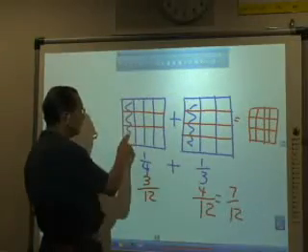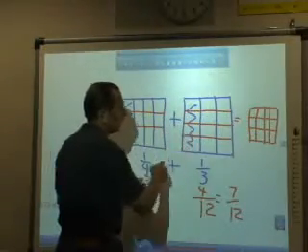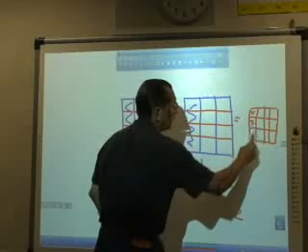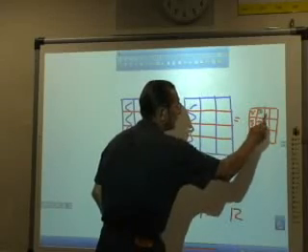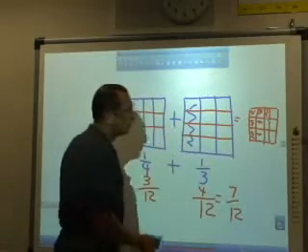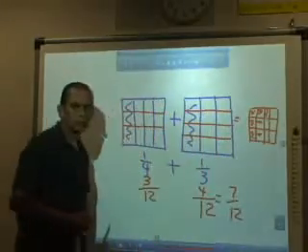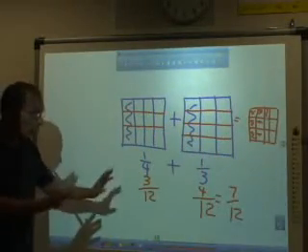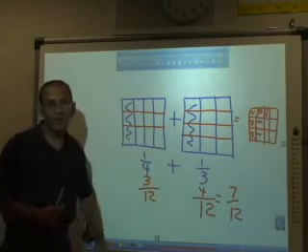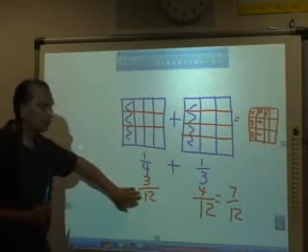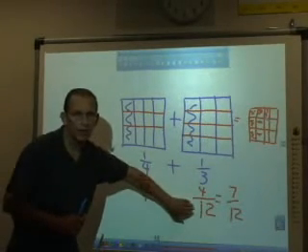And I can say 1, 2, 3, 4, 5, 6, 7. I can fill in 3, 4, 5, 6, 7. And I fill in 7 of the 12 squares. So, we can add fractions with different denominators. We just have to make equivalent fractions to do that. Okay?